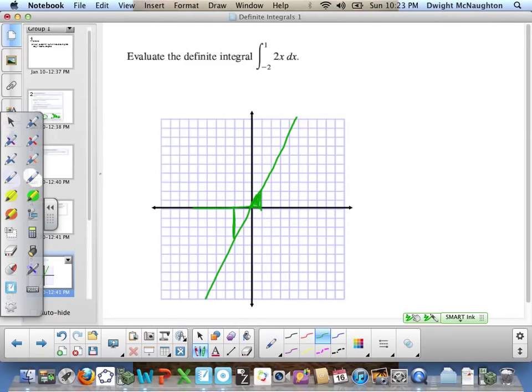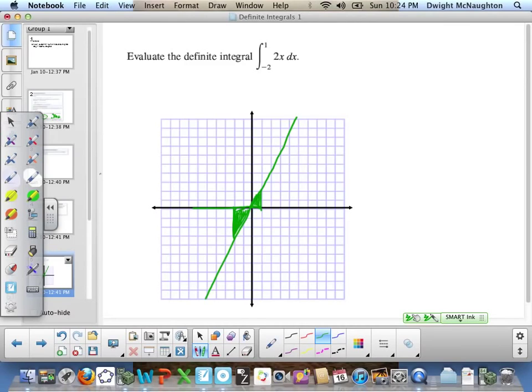to the x-axis. Now this part is not actually underneath the line but between the curve and the x-axis, and because it's opposite, we'll go negative.